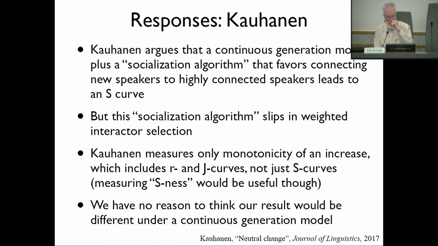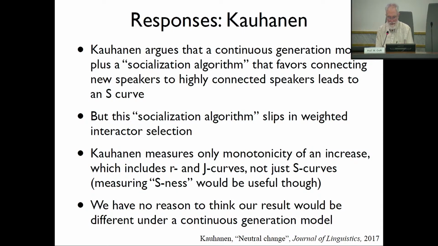There are a couple of people who made alternative proposals, and I'll just mention two of these, and then there's one I didn't make a slide for, which is rather interesting. Kauhanen argued that a continuous generation model plus what he called a socialization algorithm that favors connecting new speakers to highly connected speakers leads to an S-curve.